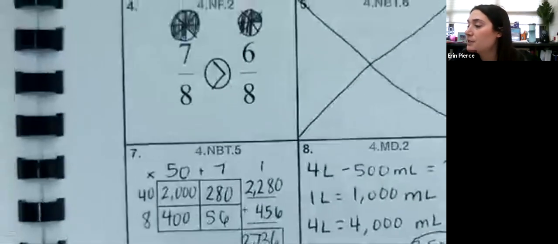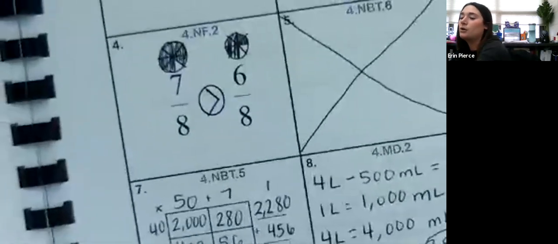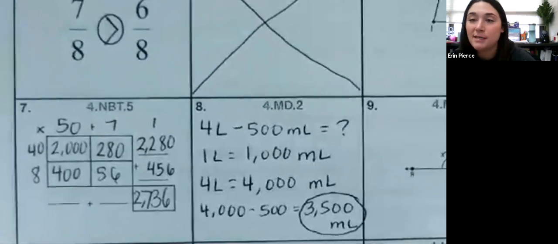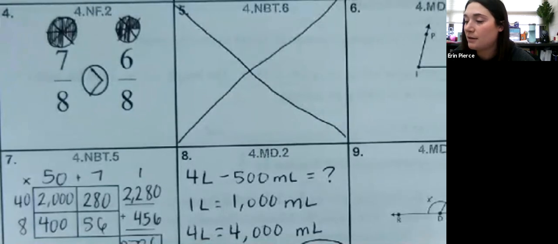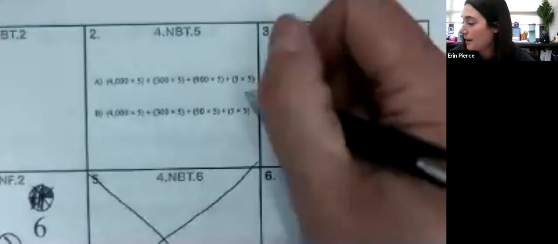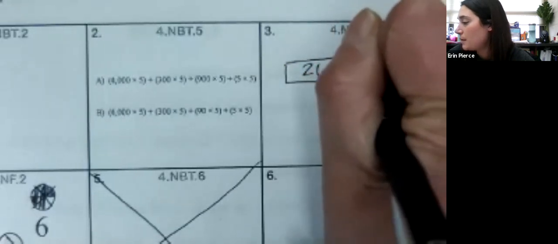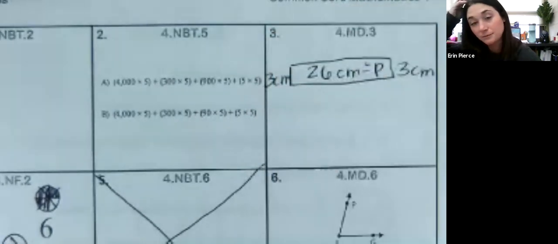The perimeter of this rectangle is 26. My cords are all stuck. All right, the perimeter of this rectangle is 26 centimeters. The width is given. Find the length. Remember to label your answer. So I'm going to redraw that. 26 centimeters equals P. This is 3 centimeters, which means that this is also 3 centimeters.